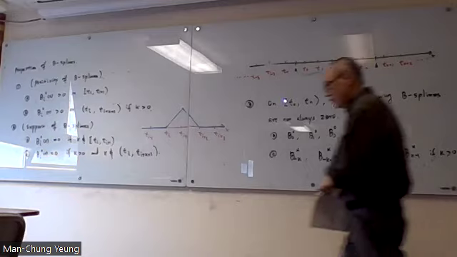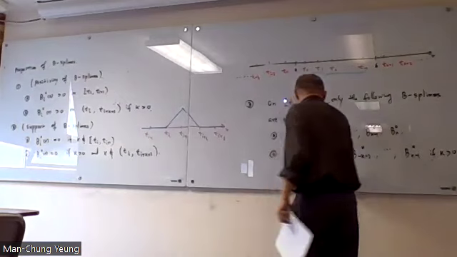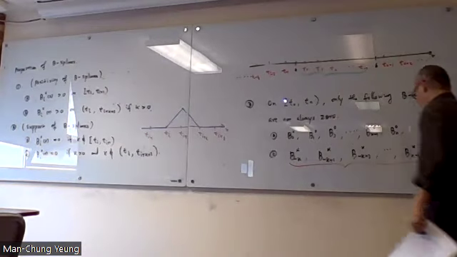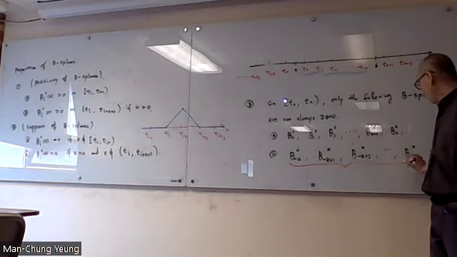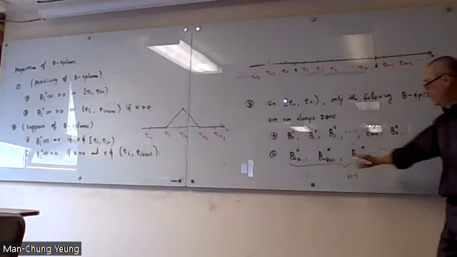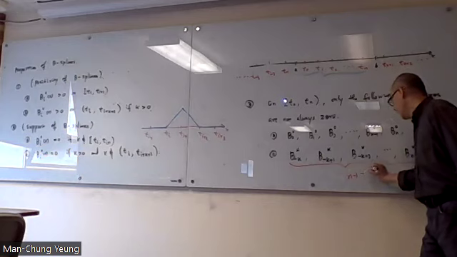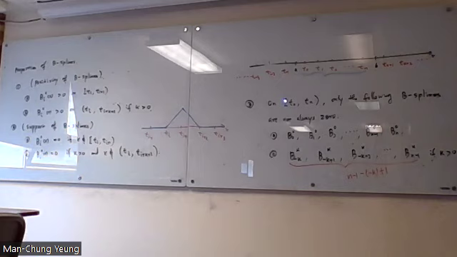How many functions are here? How to count the number of functions? n minus 1 minus negative k, then plus 1. So the number of functions is n plus k.